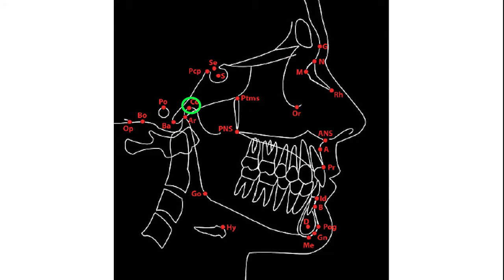Condylion, CO. It is the most posterior superior point on the head of the mandibular condyle. It is also a bilateral landmark. Condylar midpoint, CON. This is the arbitrary center of the mandibular condyle in the lateral view.